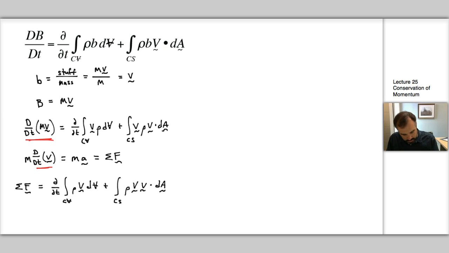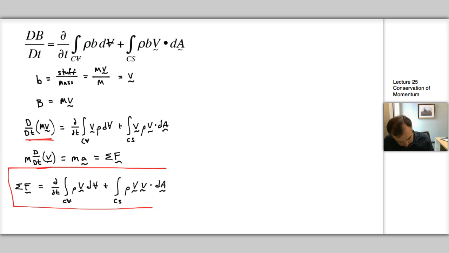This gives us the Reynolds transport theorem for momentum, and it is Munson equation 5.22 in your book for reference.